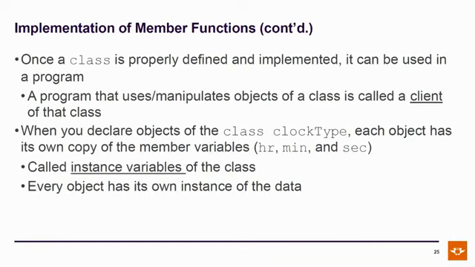Those are all clients of your class. So you're trying to make things as general as possible so that they can be as useful to as wide a variety of programmers as possible. The goal is not to include problem-specific logic inside your classes that will make them unusable by other programmers.